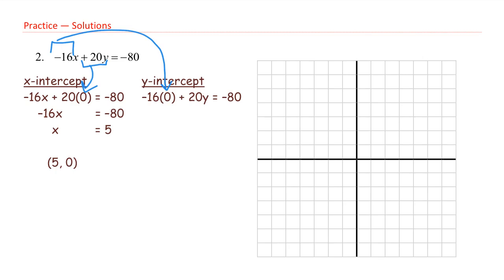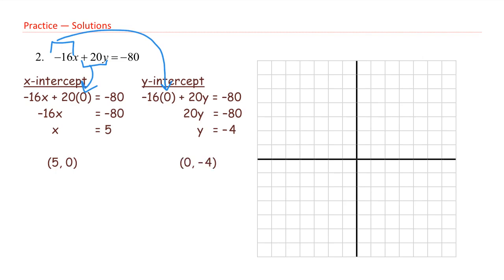And negative 16 times 0 is just 0. 0 plus 20y is just 20y. So our simplified equation is 20y equals negative 80. When we solve this, we end up with y equals negative 4. This indicates that the y-intercept of our graph will be negative 4. In order to write that as an ordered pair, we would write 0, negative 4.